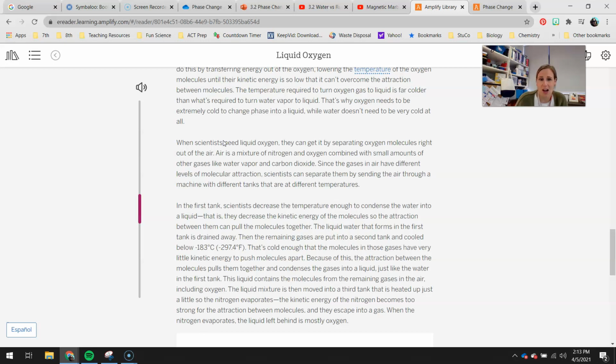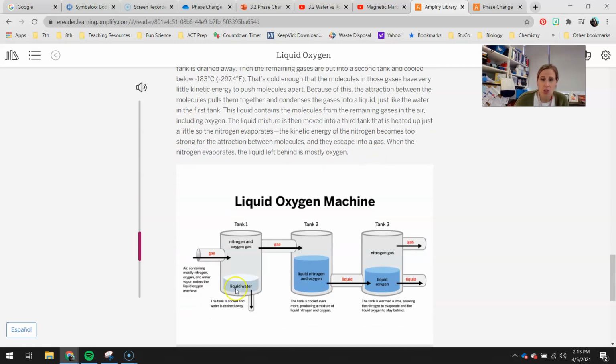Since the gases in air have different levels of molecular attraction, scientists can separate them by sending the air through a machine with different tanks that are at different temperatures. So you can see this little diagram here. It shows you tank 1, tank 2, tank 3. It takes in regular old air, so air containing mostly nitrogen, oxygen, water vapor, and then some carbon dioxide enters this machine. And in tank 1, the tank is cooled and water is drained away.